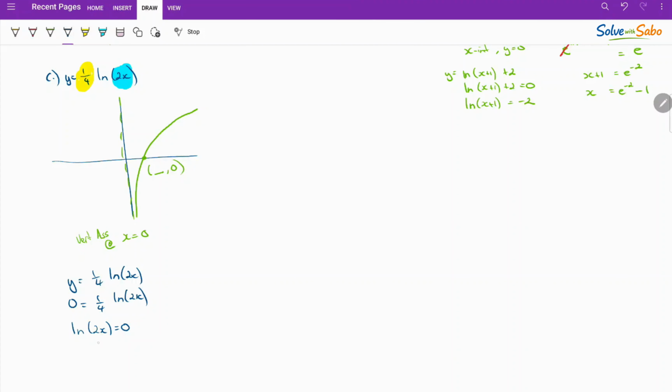So I'm going to do e to the power of on both sides. e to the ln is going to end up cancelling out and just leave us with 2x is equal to e to the 0. And 2x is just equal to 1, because e to the 0 becomes 1, which means x is equal to a half. So that means, yes, things have changed a little bit. My x-intercept is now at a half and 0.